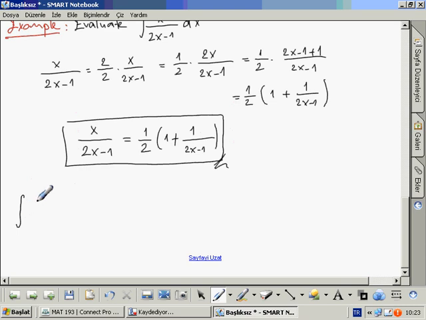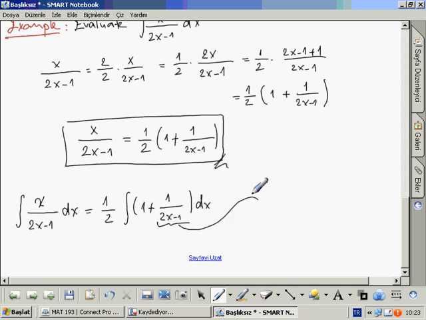And the integral of x over 2x minus 1 dx equals 1 over 2 integral of 1 plus 1 over 2x minus 1 dx.